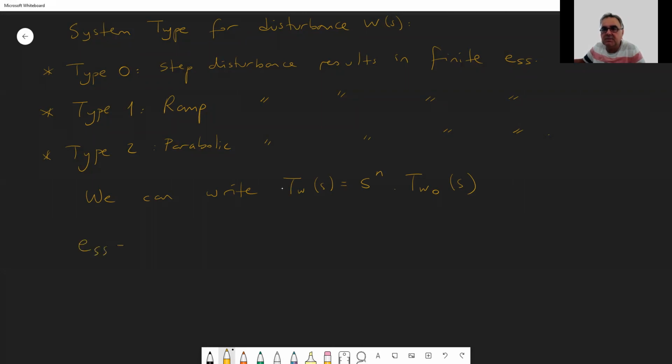So the steady state error is equal to, again, by final value theorem, limit S goes to 0 of S times TW of S times W of S, by our definition. And this is equal to, again, limit S goes to 0 of S times TW.